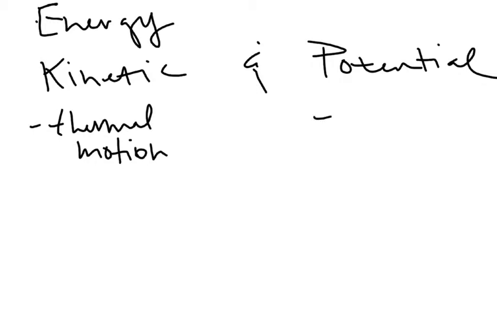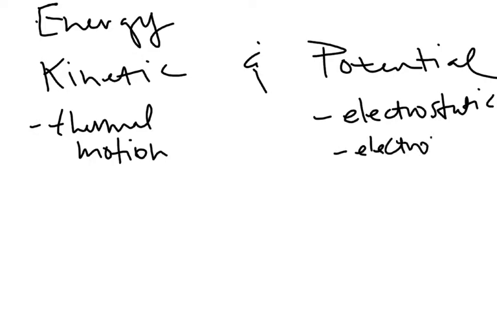And then we also said that for potential energy we're interested in electrostatic energy, which comes from really the interactions between charged particles. So this involves electrons, as well as the nuclei of different atoms.